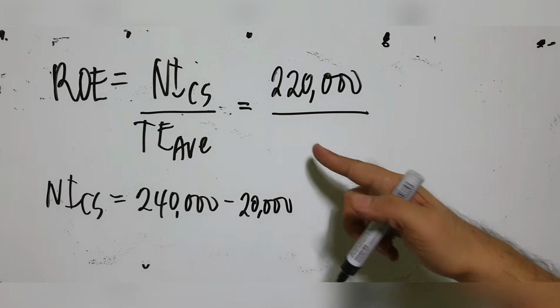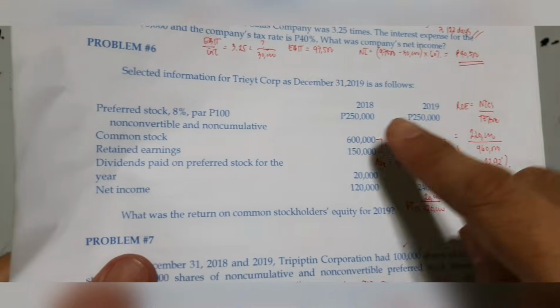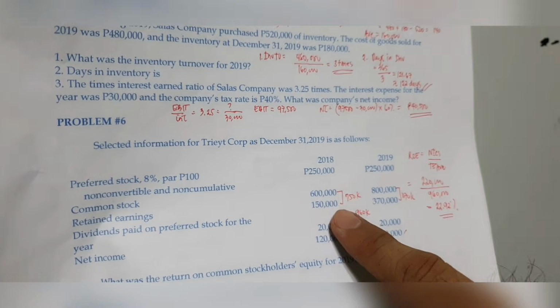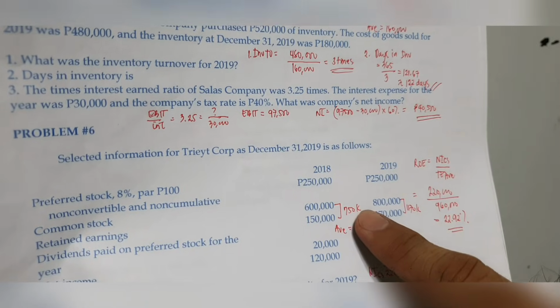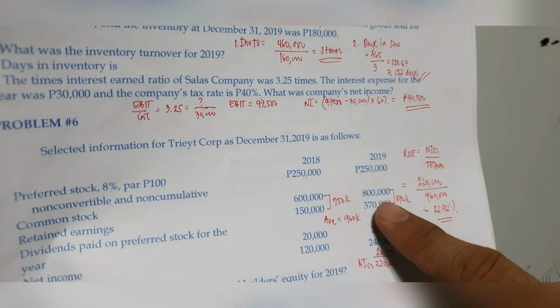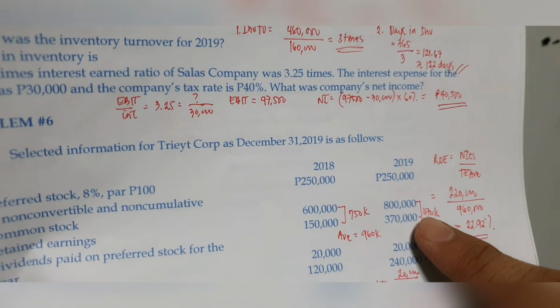What is our total equity average for 2018 and 2019? So tingnan po natin. For your 2018, your common stock would be 650 plus 150, so that would be 750,000. And then for your 2019, 870 and 370, total of 1,170,000.